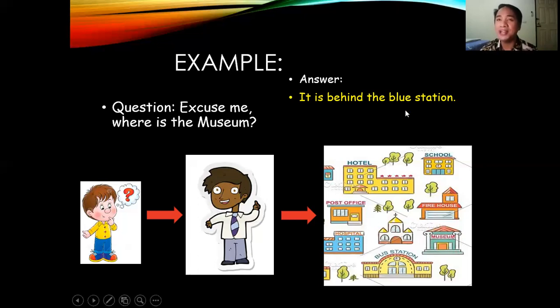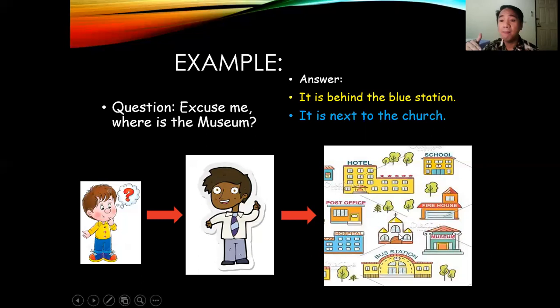So you should answer not in a complicated manner, so that the person will understand or will not get lost. Okay, so you can answer the question directly or straight to the point. Or you can say it is next to the church. So this is the church.